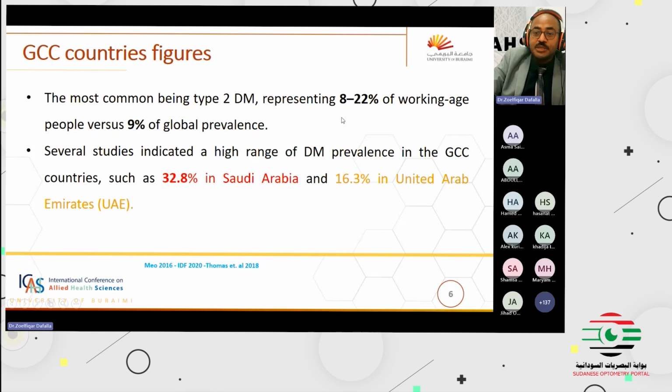The global estimation is 9%, so this is higher than the global estimation. Also, several studies indicated a high prevalence of diabetes mellitus in the GCC countries, such as 32.8 in Saudi Arabia and 16.3 in the United Arab Emirates.